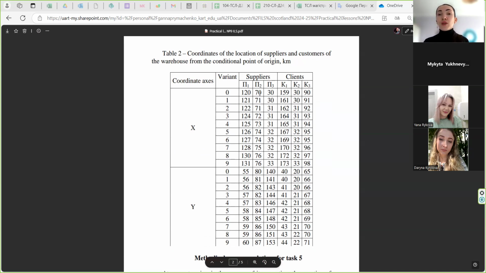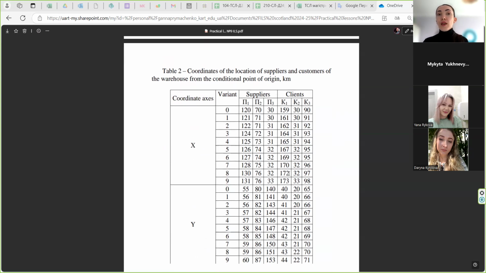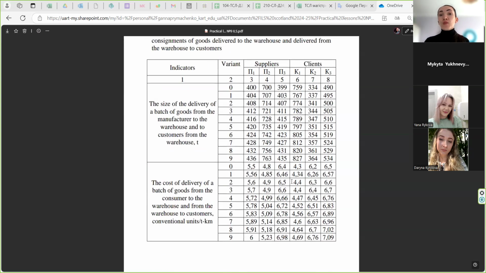Please find this information for you. Okay. And our last parameter is how much cargo we need to deliver from supplier number 2. Also, we find our third line and our fourth column. For variant zero, it is 700, for the first 707, and so on.